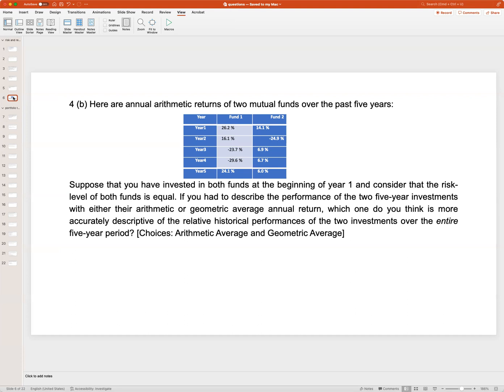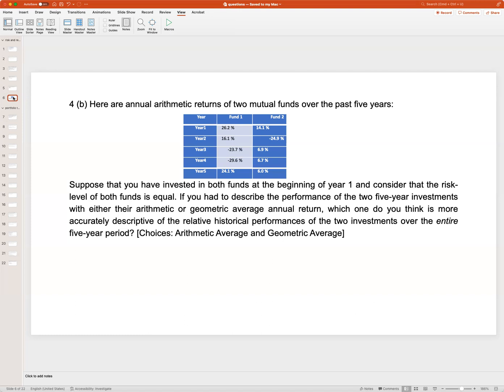So you can either do arithmetic average or geometric average. As we have discussed in class, whenever you are going to make predictions about what the stock return is likely to be next month or the fund return is likely to be next month, we would use arithmetic average.